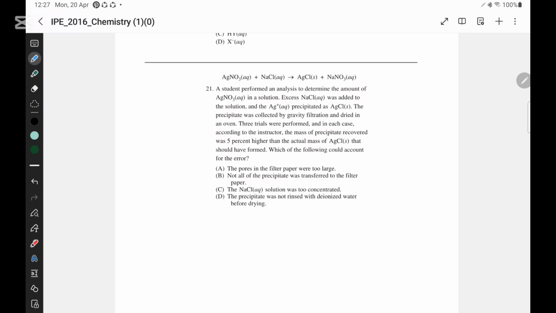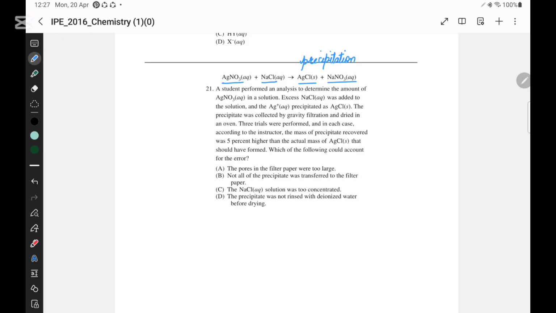In the next question, we have a reaction which is a precipitation reaction that forms an insoluble salt, which is AgCl. When two soluble salts are mixed, they form one insoluble salt and the other is a soluble salt. A student performed an analysis to determine the amount of AgNO3 in a solution.